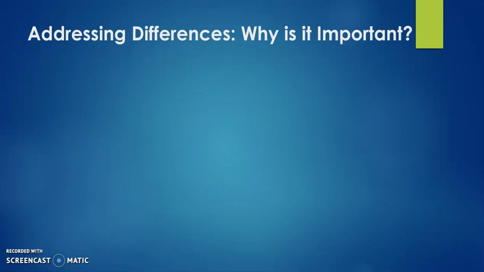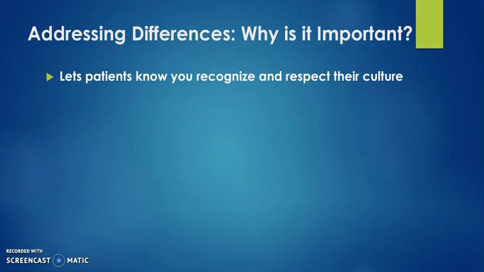So, why is it important to address cultural differences, including language differences? Well, first, it lets the patients know that you recognize, but more importantly, respect their culture.